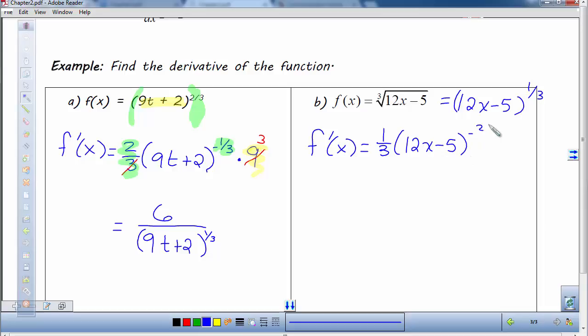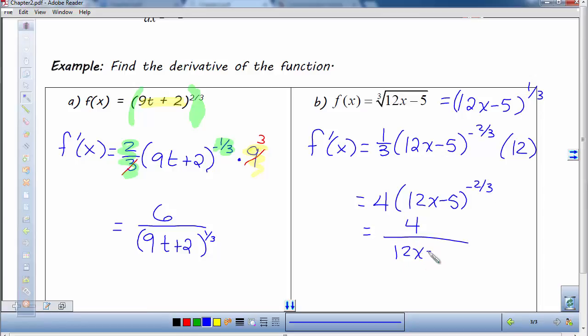Negative 2/3. Now I take the derivative of the inside, and that's just 12. And so we're ready to simplify from here. 12 divided by 3 is 4. We still have (12x minus 5) to the minus 2/3, so 4 over (12x minus 5) to the 2/3 power. And that's our final answer.